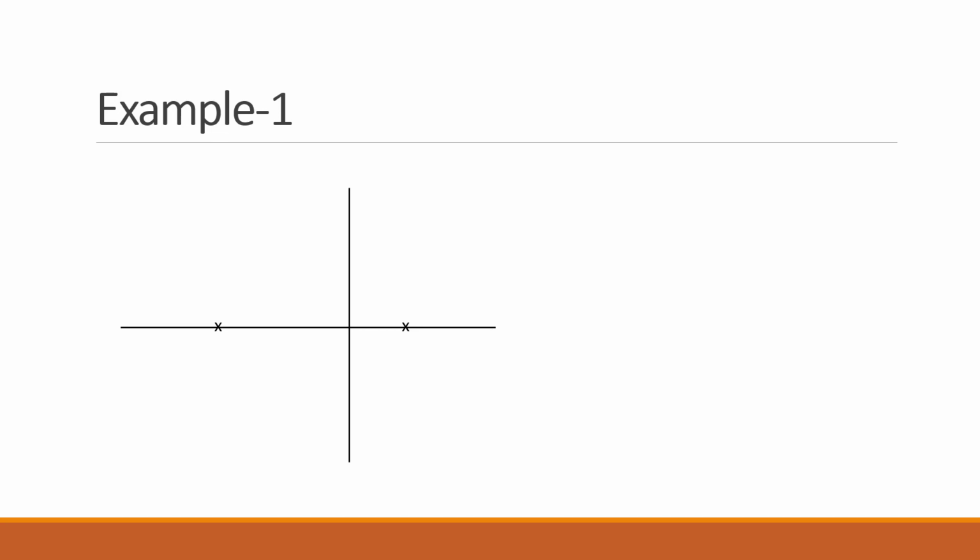So we'll have two poles going towards infinity. There'll be two asymptotes, and when you have two asymptotes, the angles would be plus and minus 90 degrees.